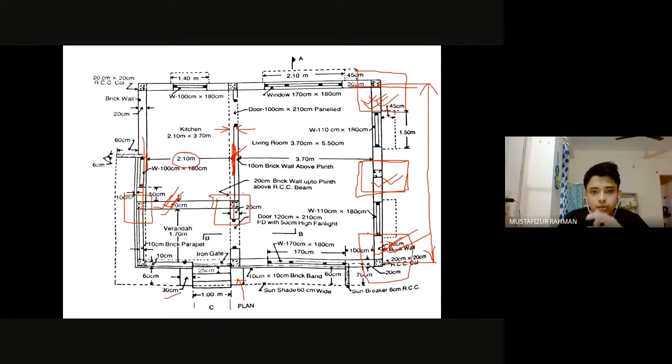So 1 plus 0.3 plus 0.3 makes it 1.6, and we are also providing 10 centimeter of bearing for the brickwork here. It may not be provided also, but we're providing a little bit of bearing to help in the brickwork and plastering and all, because it is the front side.